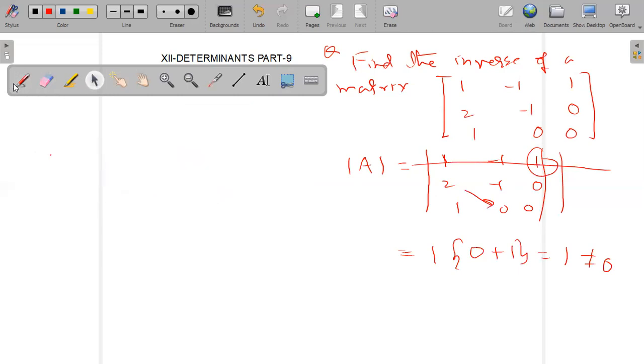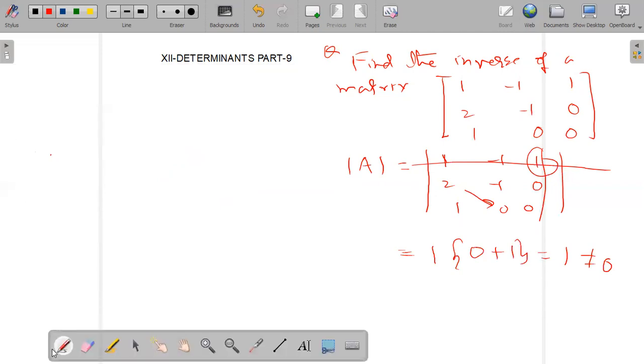We have to find the adjoint of the matrix. For finding the adjoint, you know that you have to find C11. C11 is this number after deleting its row and column, and minus 1 raised to power 1 plus 1 is 2, and we are left with minus 1 0 0 0, so the answer will be 0. Now find C12, the second number.